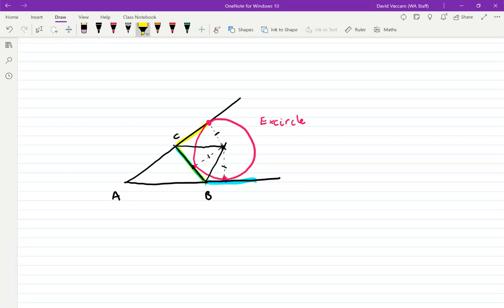And so that means that this distance and this distance are the same, this distance and this distance are the same, so the three distances are the same. So the X circle can touch the triangle on the outside.